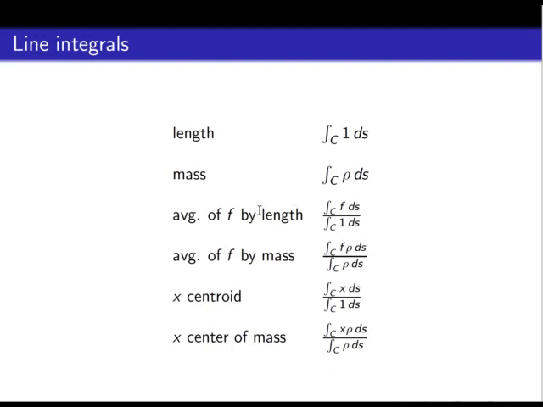You can average a function by length like this, or average a function by mass, so multiplying by rho here and here. Again, the x component of the centroid and the x component of the center of mass, you just average x. You can average y, you can average z, and you get a triple that gives you a centroid for averaging by length, or a center of mass when you average by mass.